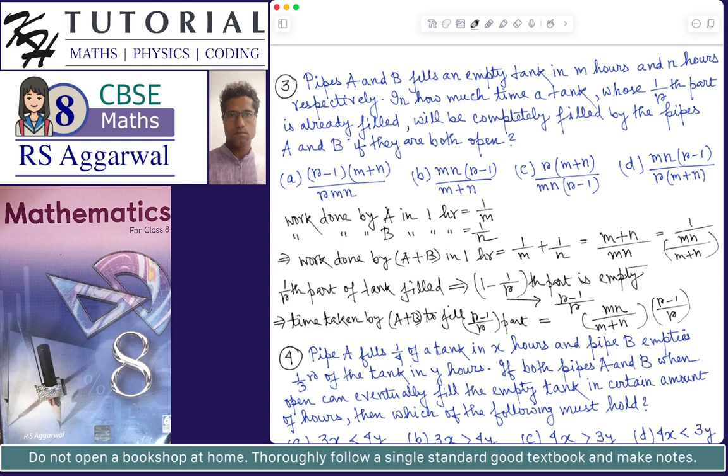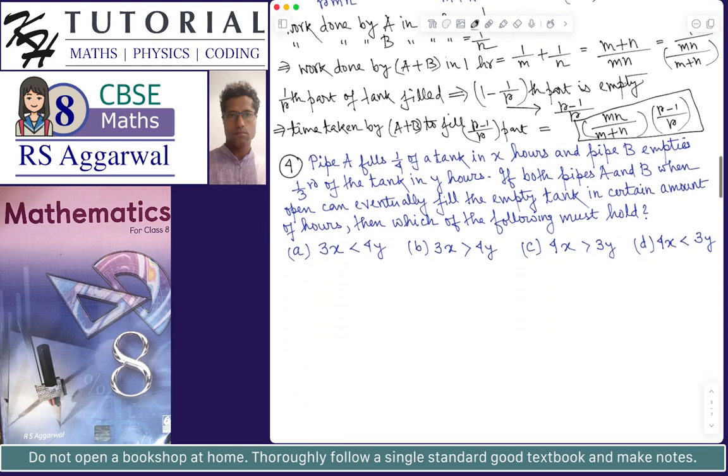Now this is the required answer. Now we have to see which of the choices matches, that is mn multiplied by r minus 1 divided by r into m plus n, and I think it is choice D. So D should be the correct answer.